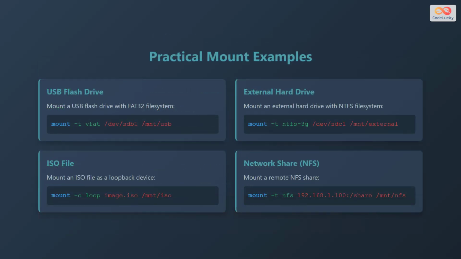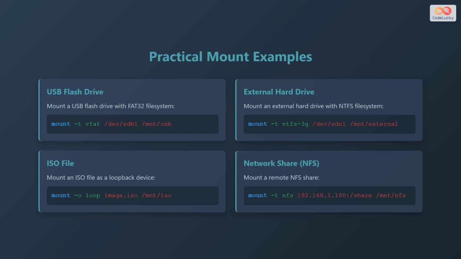Here are some practical mount examples to help you understand how to use the mount command in different scenarios. To mount a USB flash drive with the FAT32 file system, you would use the command mount -t vfat /dev/sdb1 /mnt/usb. To mount an external hard drive with the NTFS file system, the command would be mount -t ntfs-3g /dev/sdc1 /mnt/external.